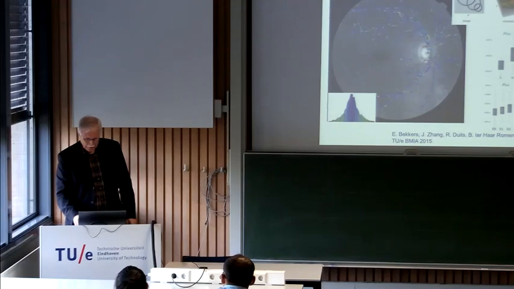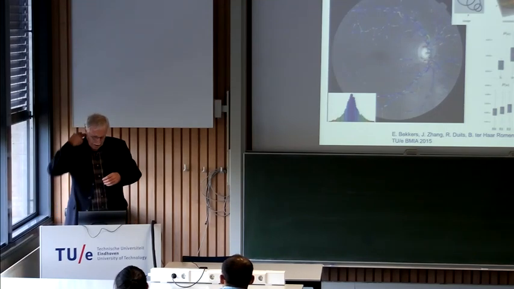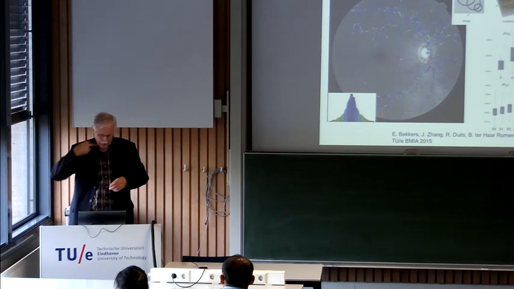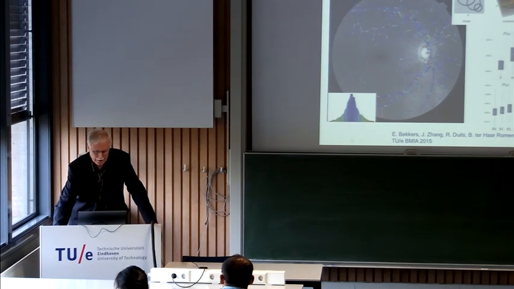So if you measure all these curvatures, and here we have measured these curvatures, how did we do that? It was done by Erik Bekkers and Zhong Zhang. They fitted circles actually to every pixel of the center line, no, to every pixel in the image. And we fitted these circles in the orientation domain, and they became circles like this.